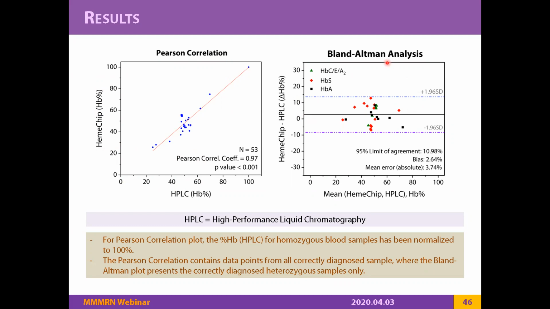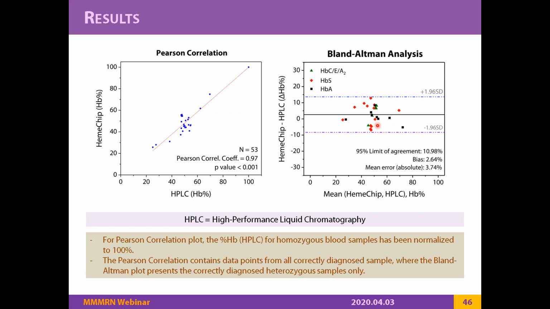And what the Bland-Altman analysis does is it compares two different technologies. Here we plot the mean. For the same sample, we take the mean of the heme chip result and HPLC, and here we plot the differences. Based on these analyses, the position of the mean and the distribution along the mean tells us if there is a systematic bias on detection, because if you look carefully, you see that hemoglobin A's are more on the higher part of the mean, and hemoglobin S's are more on the lower part.